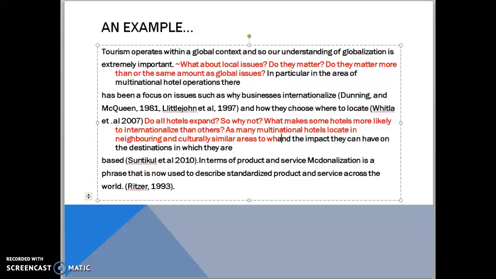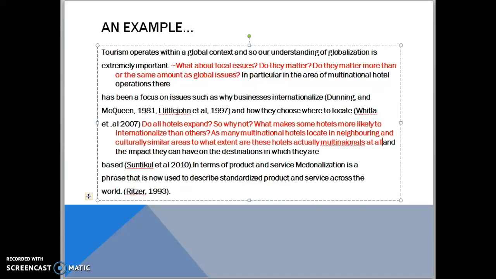To what extent are these hotels actually multinationals at all? So you can see that by introducing these sorts of issues, I have made the conversation much more complex and complicated. And in that way, I'm analysing.